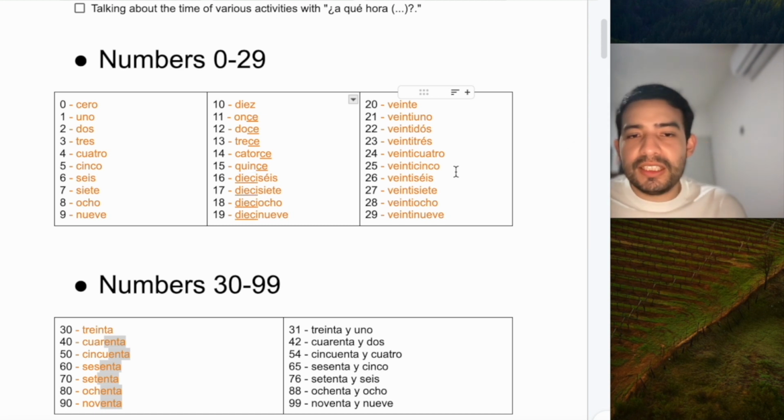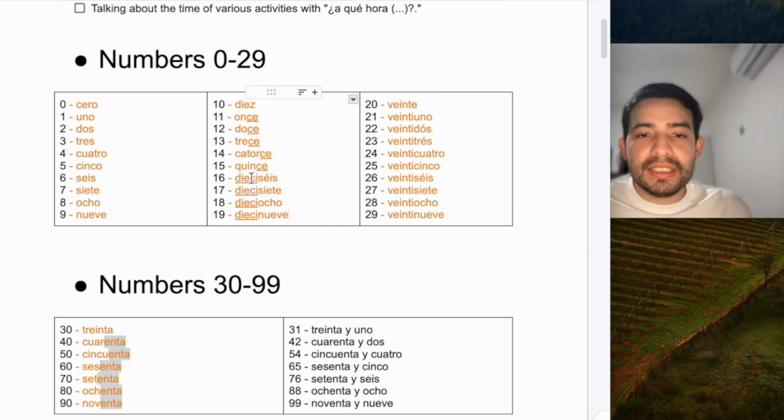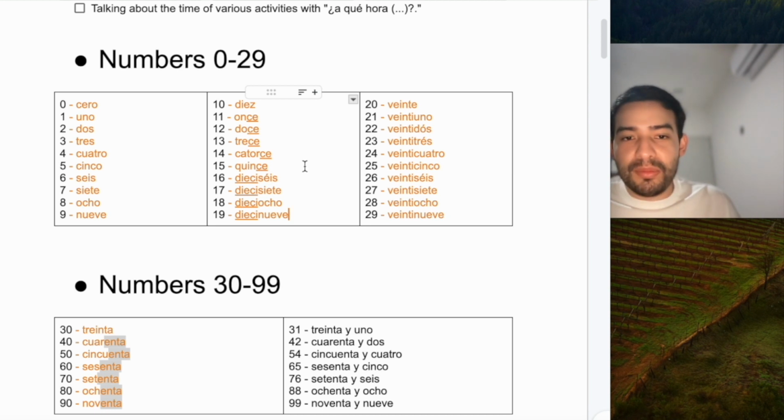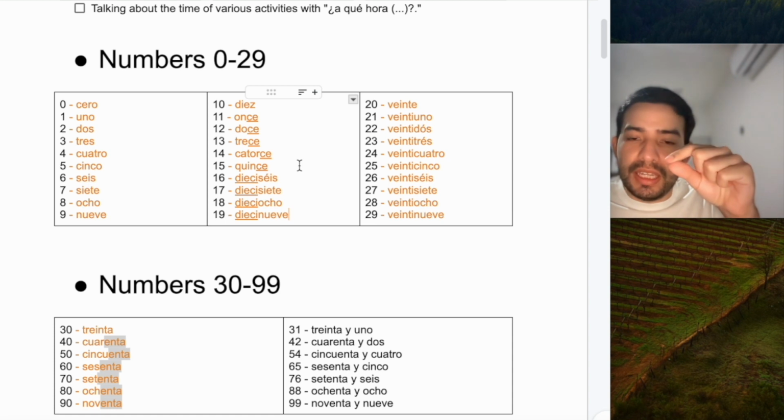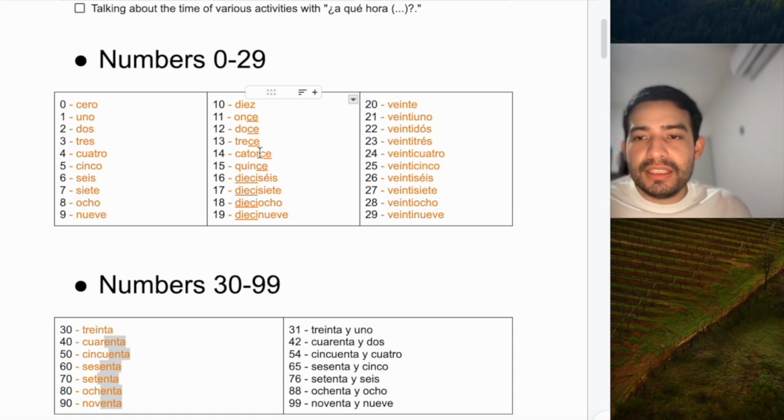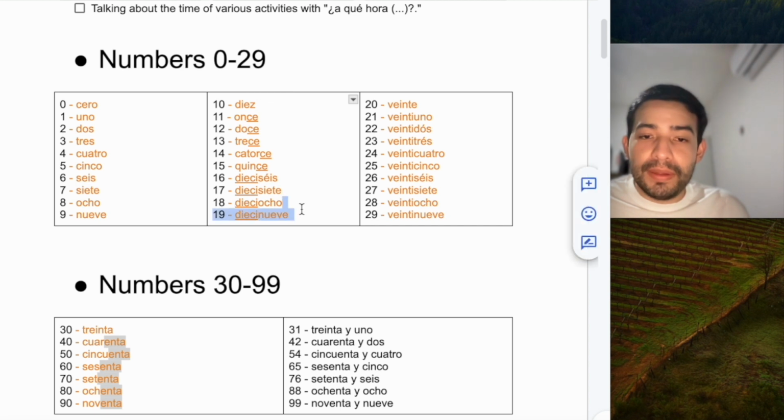I have underlined the similarities. In this case, it's easier because it's 10 and the normal name of the number, right? If you write it, then if you spell it, you might have to add the accent mark. But speaking, it sounds the same. When you pronounce it, it sounds the same, so you don't have to worry about that. So 16, 17, 18, 19.